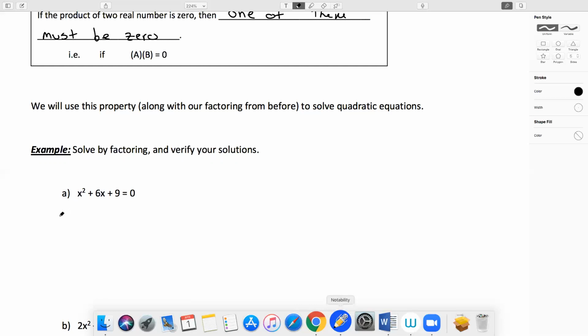So we can break this apart into x plus 3 times x plus 3. Technically, this does still equal 0, so we should keep the equals sign over here. Then we have to look at our brackets and think about what would make those brackets equal 0. Because one of them must equal 0, we can say x plus 3 has to equal 0, or in other words, x has to equal negative 3.